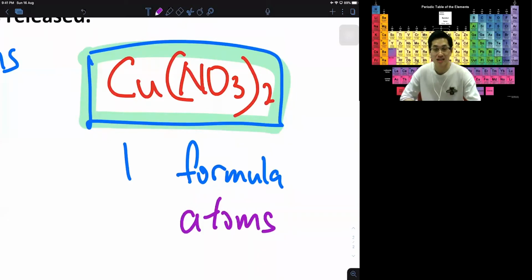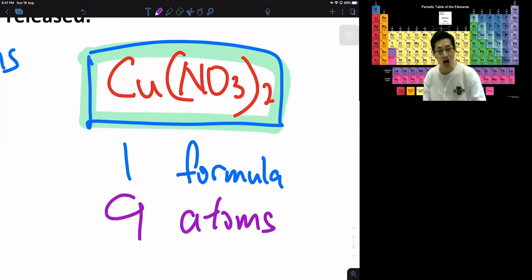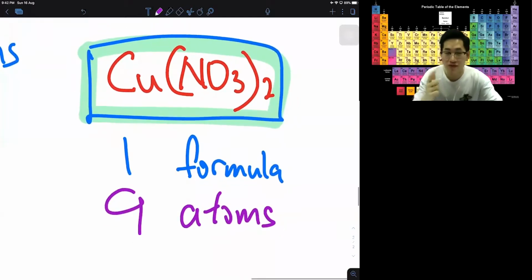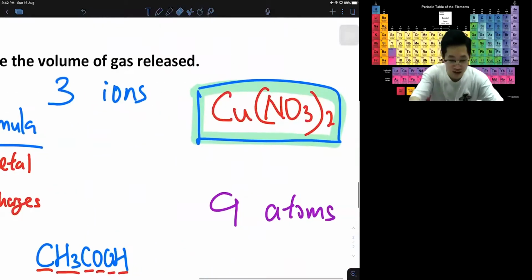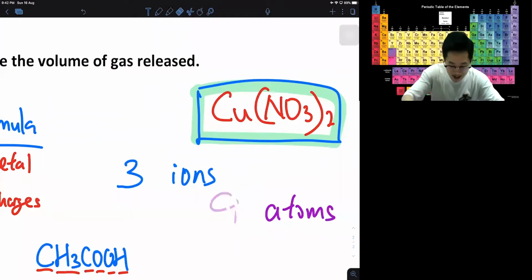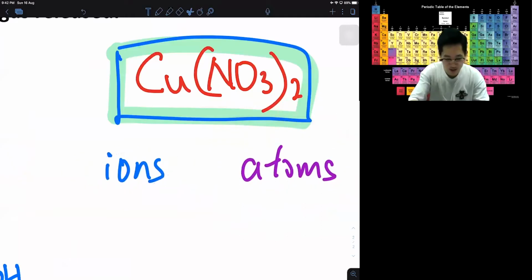Okay, most of you got it right. The answer is 9. You have to know the difference between ion and atom. I wanted to do the ratio calculation, but end up we are doing this ion and atom. Okay, it's okay. Very good. At least you know what you do know.